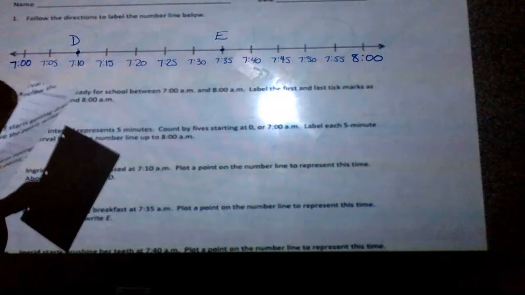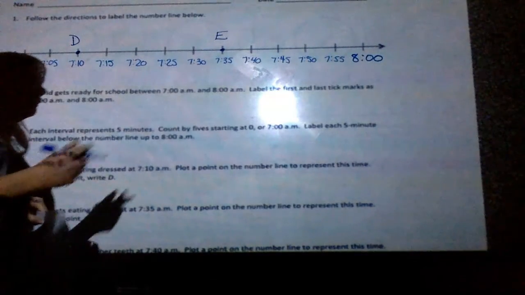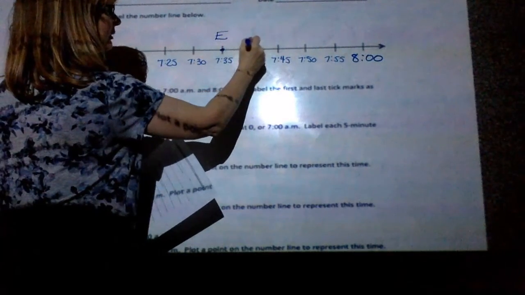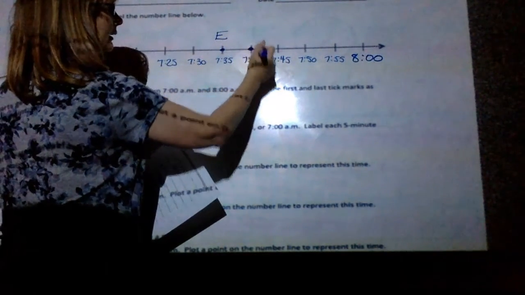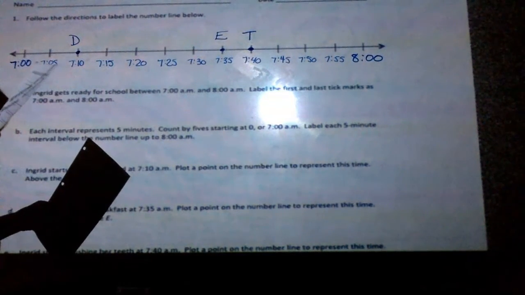Okay, Ingrid starts brushing her teeth at 7:40. Plot that point on the number line and write a T for teeth. 7:40. Wow, she ate really fast. 7:35 she started eating, and here she's already brushing her teeth. 7:40, T. Brushes her teeth.